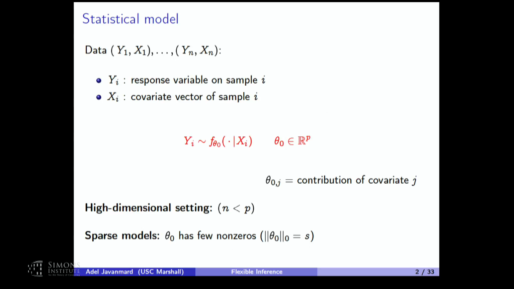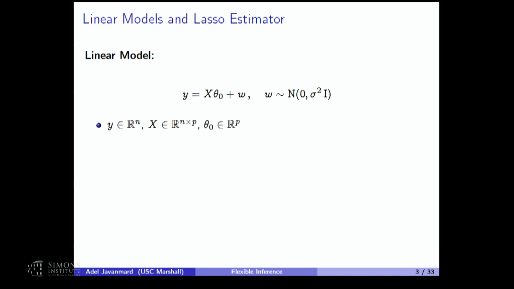So in this talk, I will focus on the high dimensional setting. So the number of samples n is much smaller than the number of dimensions p, and we assume that theta 0 is mostly sparse, so it has only s non-zero coordinates. Now, to make our life easier, let's focus on the linear model. In this case, y is given by x theta 0 plus some random noise.